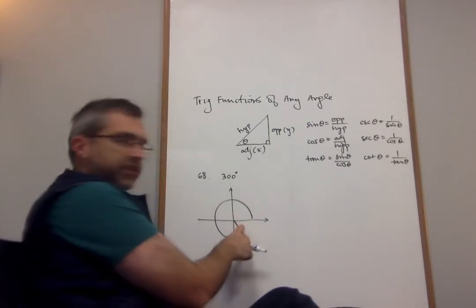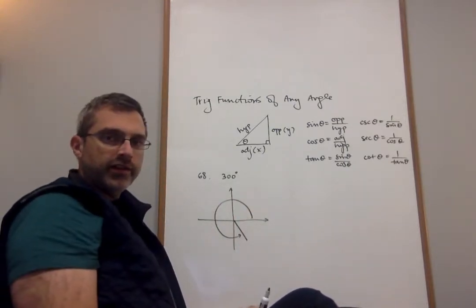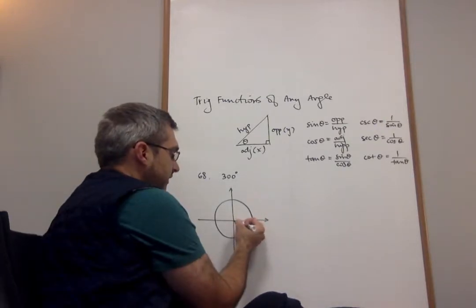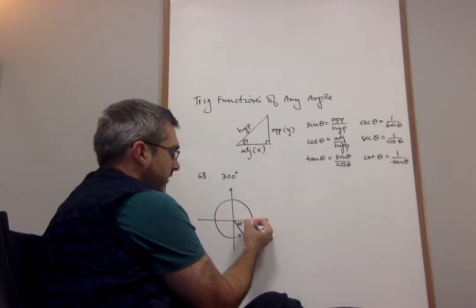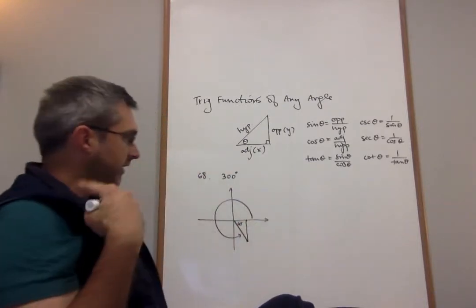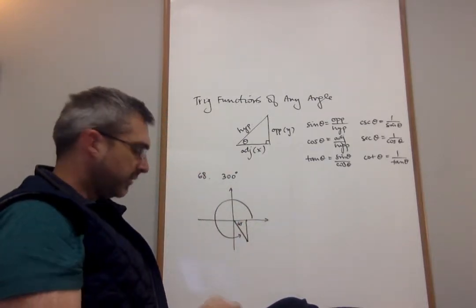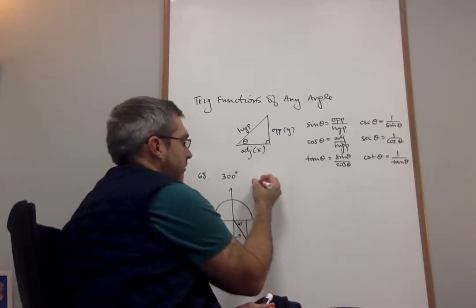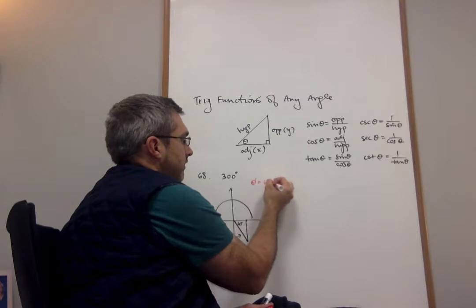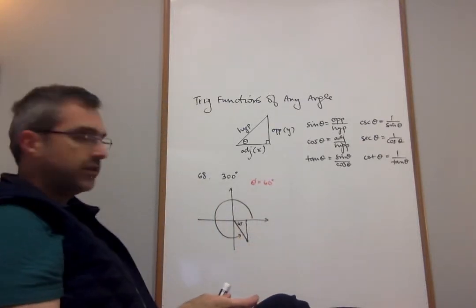I'm still off by 60 degrees because 360 is all the way around, right? So this right here is 60 degrees, and this is my triangle right here. Now using the same idea that we were talking about before, 60 degrees would be my reference angle. So my theta prime, the angle that I'm actually using to do these calculations, would be 60 degrees.